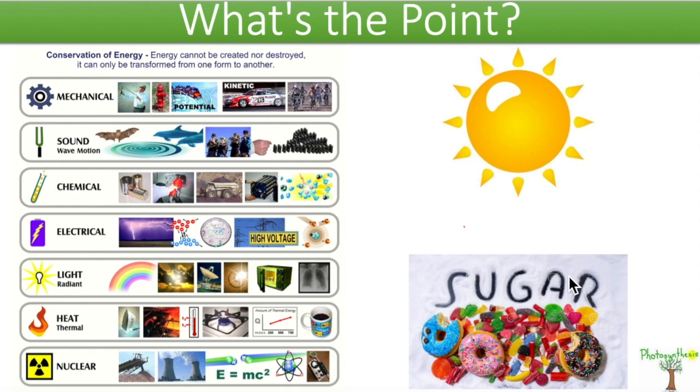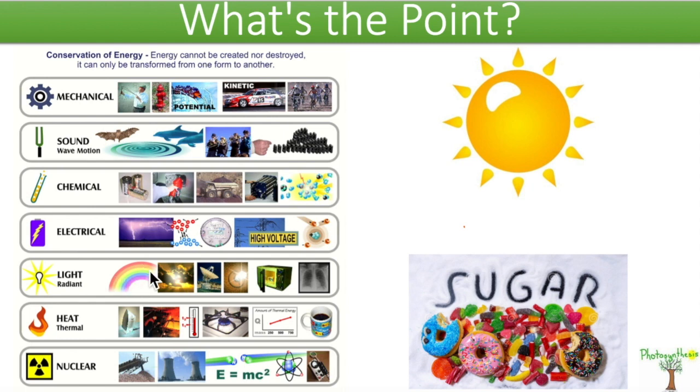So energy comes in lots of different forms. It comes as mechanical energy, movement, that kind of thing. Sound, so sound waves, they contain energy. Chemical energy, that's the energy stored between the bonds in molecules. Electrical energy, so lightning, that sort of thing. Light or radiant energy, and this is the entire electromagnetic spectrum.